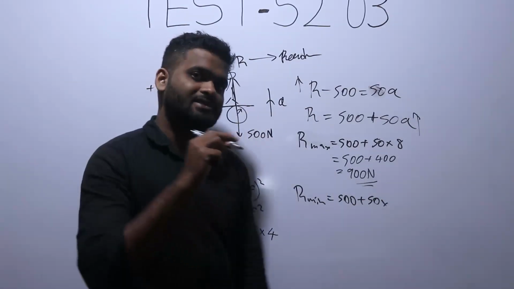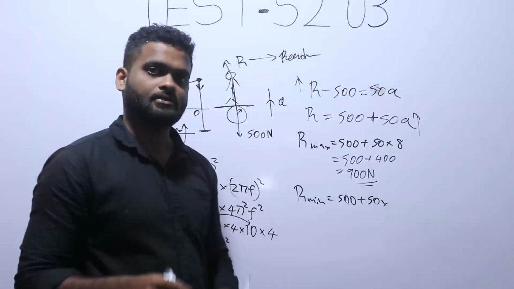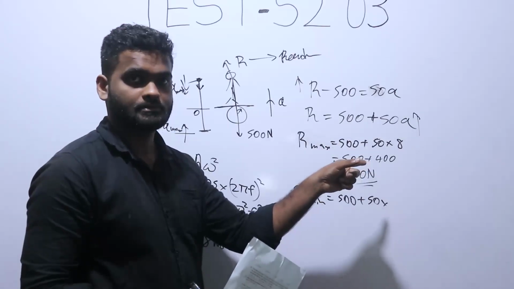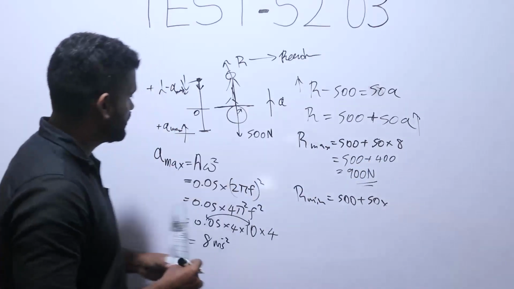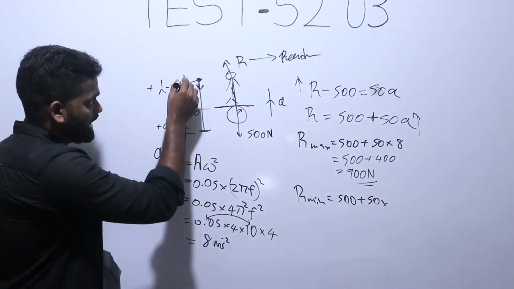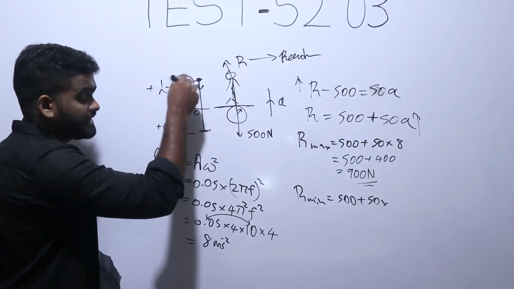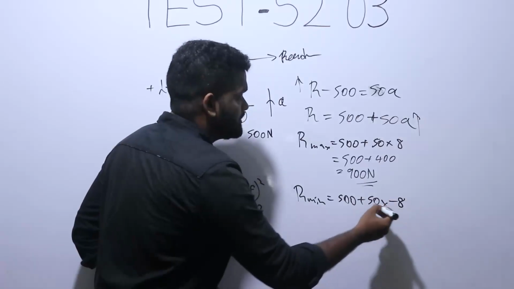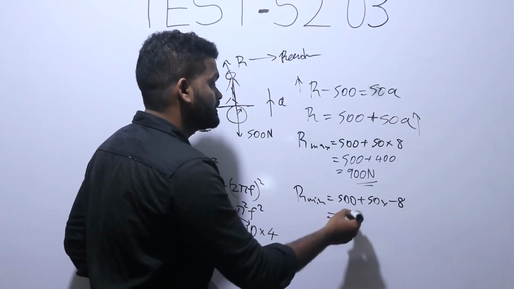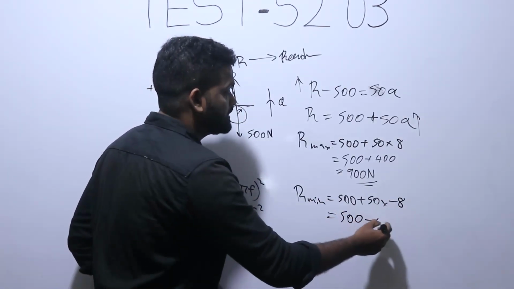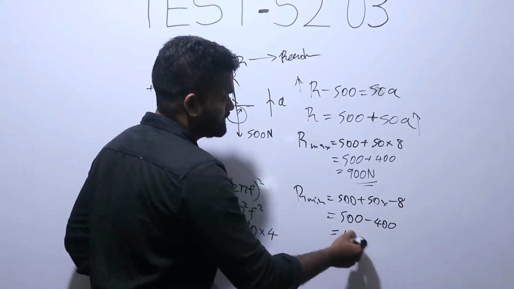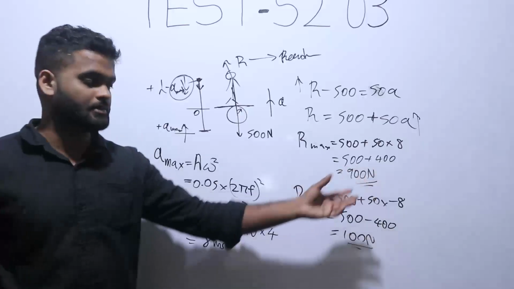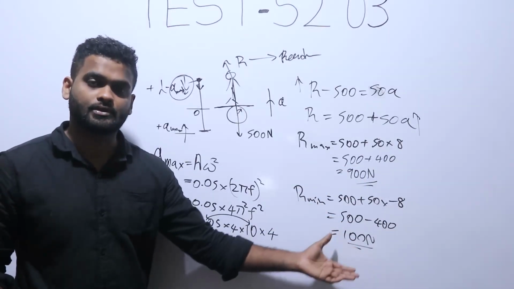Minimum acceleration is not 0, it is negative 8, and that occurs at the top where it has a negative acceleration. So this is 500 minus 400, which is 100 Newton. So the maximum reading is 900 Newton, minimum reading is 100 Newton.